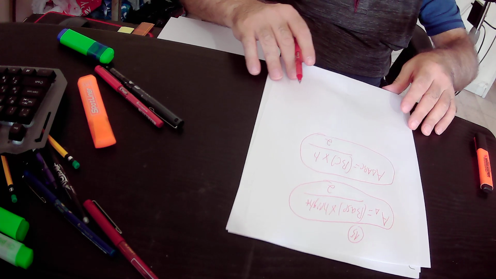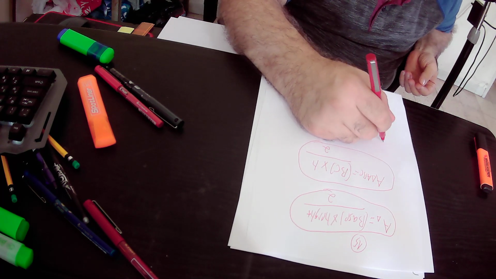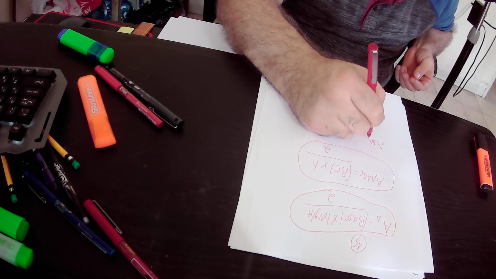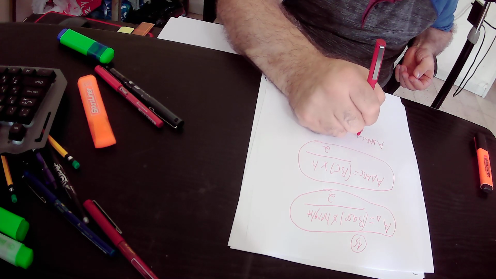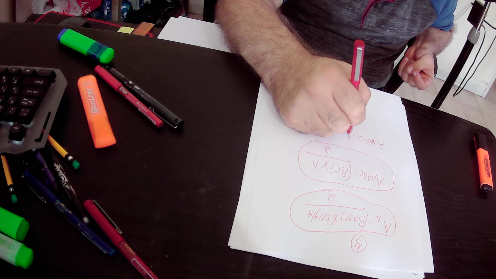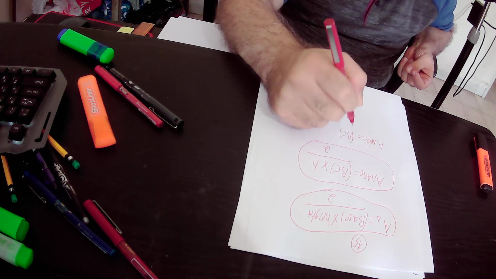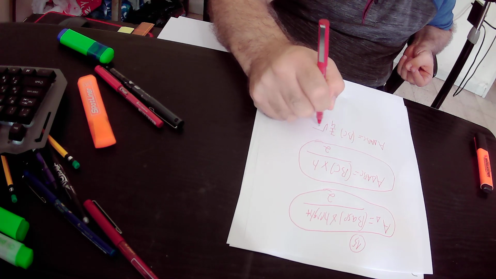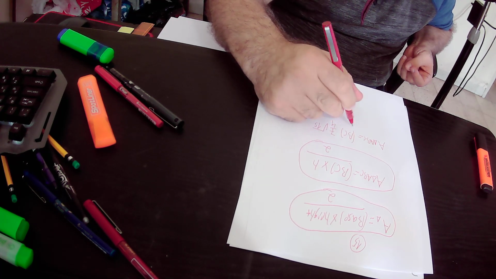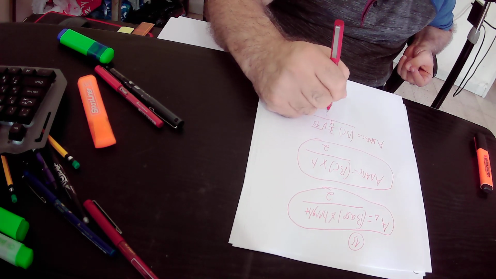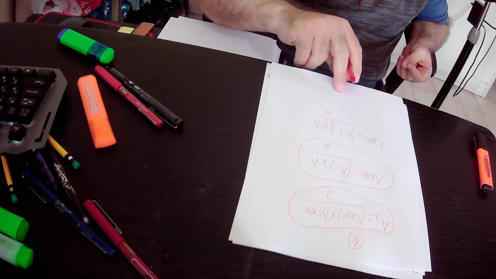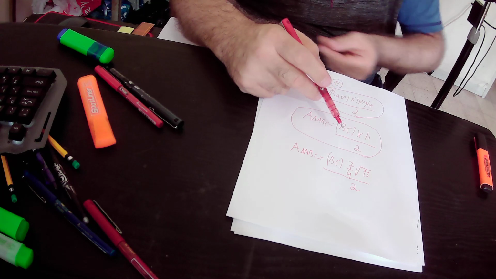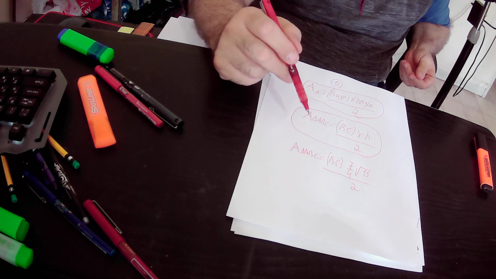So the area of triangle ABC will be equal to the base BC times the height, that is 7 over 4 times root 15 units, all divided by 2. Okay, so the area of triangle ABC equals BC times 7 over 4 times root 15 over 2.